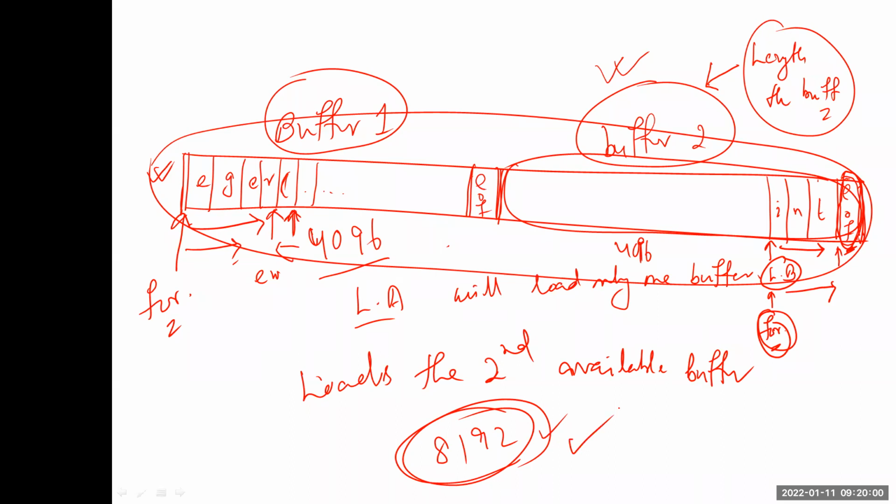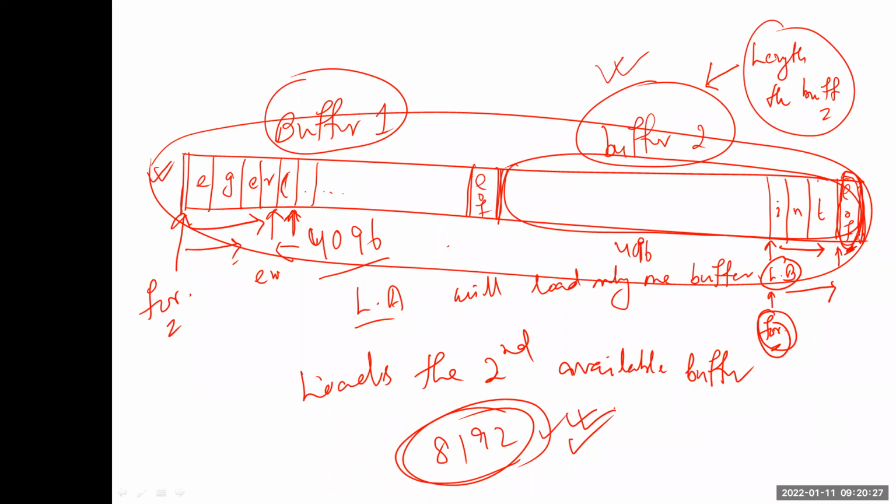It depends on you what the maximum length of a token is in your programming language. Depending on that, you can decide the buffer spaces. So these are variable buffer spaces, and this amount of space is dependent on the length of the token you are going to utilize in a programming language.